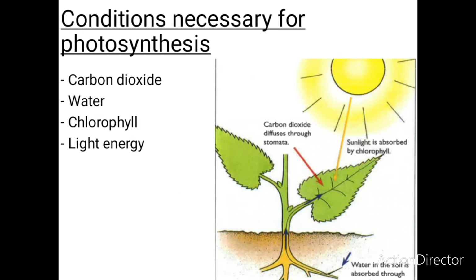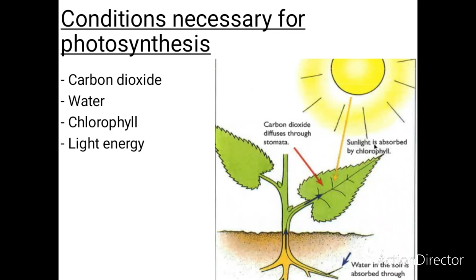As I have mentioned in the previous slide, carbon dioxide, water, chlorophyll, and light energy are needed for photosynthesis to occur. Carbon dioxide diffuses through the stomata into the leaves. Stomata are small holes found on leaf surfaces, and carbon dioxide diffuses through these holes into the leaves.